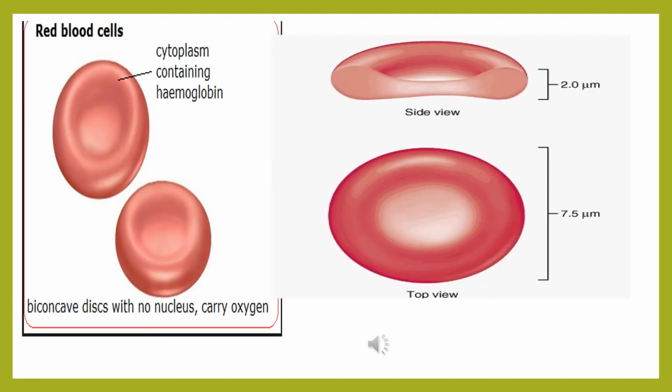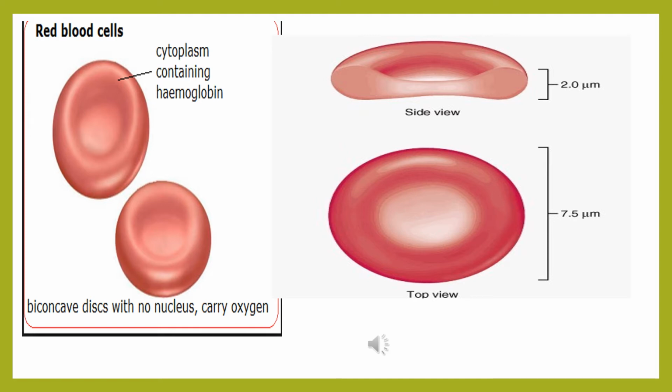Here we can see the diagram of a red blood cell or red blood corpuscle. When we observe the red blood corpuscle from the top view, it is circular in shape, and when we observe it from the side view or lateral view, it is biconcave.